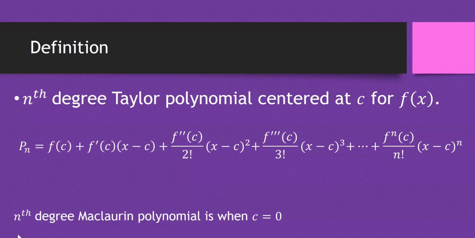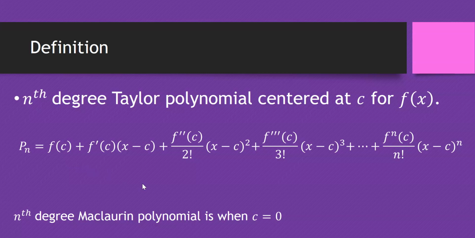So if we were looking at our third degree, the reason why we were always dividing by 6 was because 6 is 3 factorial. 2 factorial is 2. That's why we were dividing by 2 with the second degree term. I don't write over 1 factorial, but you could write over 1 factorial here for the first derivative. And if you want to write over 0 factorial, you could here.